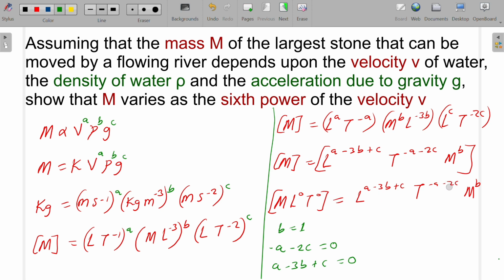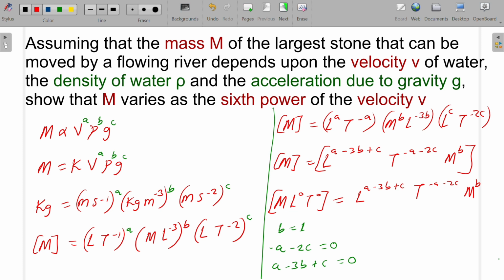So the powers here are equal to the power on the left hand side, which is 0. Then for L, we also have this power, a minus 3b plus c, and on the left hand side we only have a 0, so it's equated to 0. And for M we have a power of b, and on the left hand side a power of 1. We don't need to show 1 if that's the power we have. So this is what we have basically shown here. So the job that we have here is to find the values of a, b, and c.